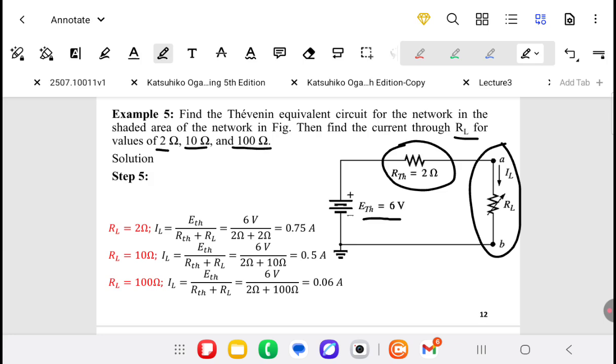We put RL equals 2 ohm and get the current, which is 0.75 ampere. Then we put the next value, 10 ohm, and get the current, which is 0.5 ampere. Then for the last value of RL, 100 ohm, we get IL equals 6 divided by 102 ohm, which is equal to 0.06 ampere.